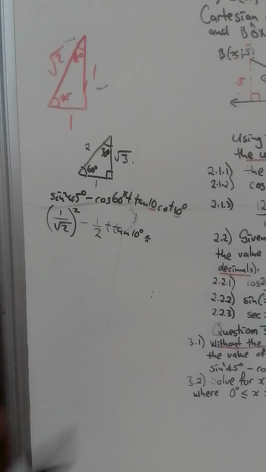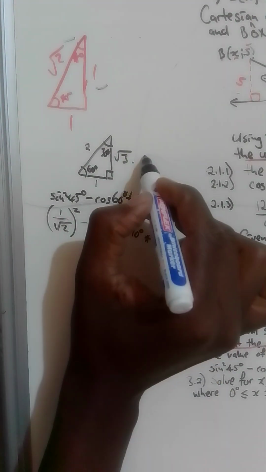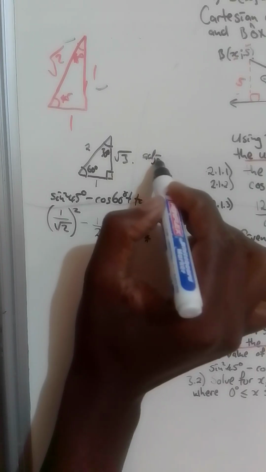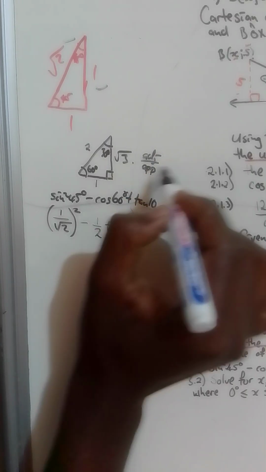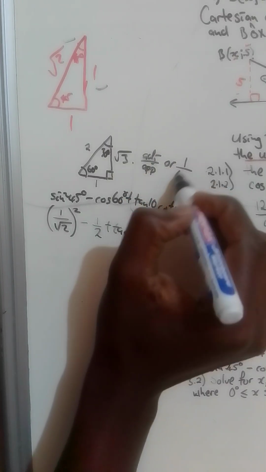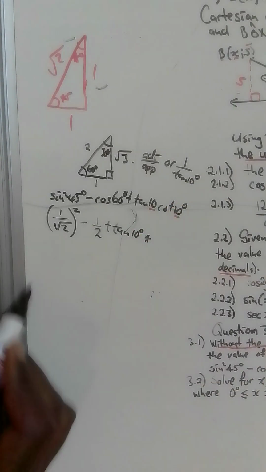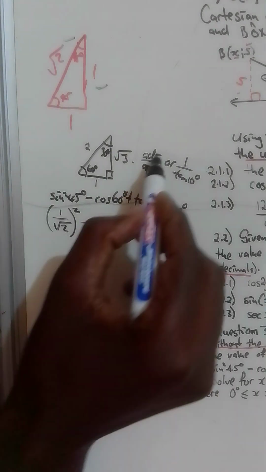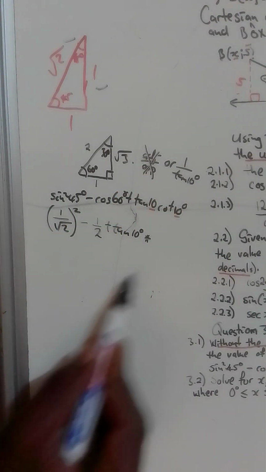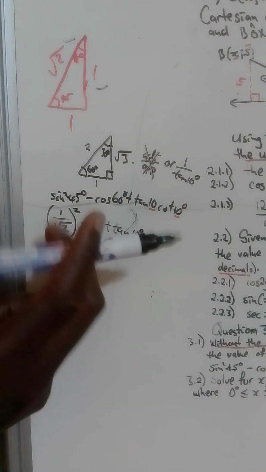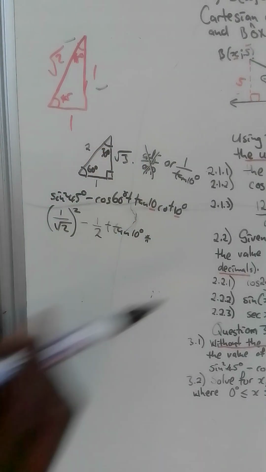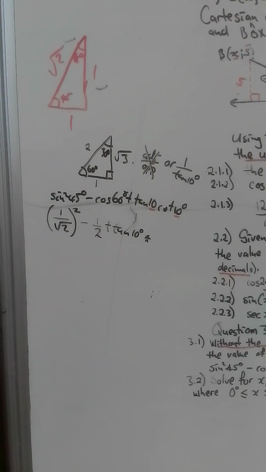Remember, with cot you have 2 options. Either you will say adjacent over opposite, or you will say 1 over tan 10 degrees. Since we are dealing with angles, not sides, we are not going to use the first version. We are going to use the version of 1 over tan 10 degrees.